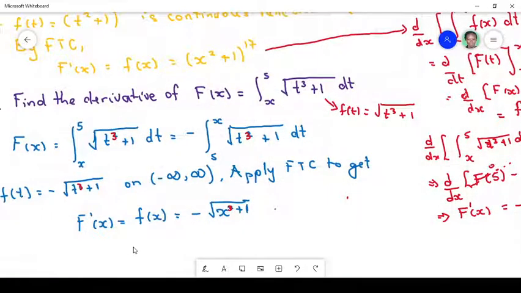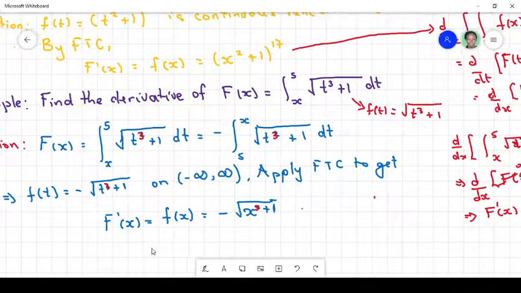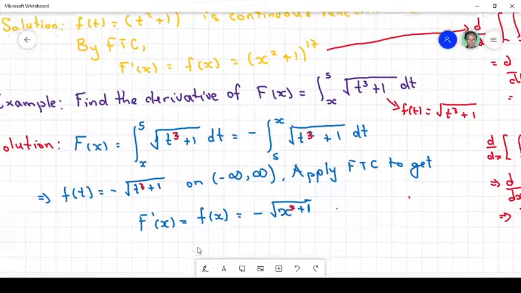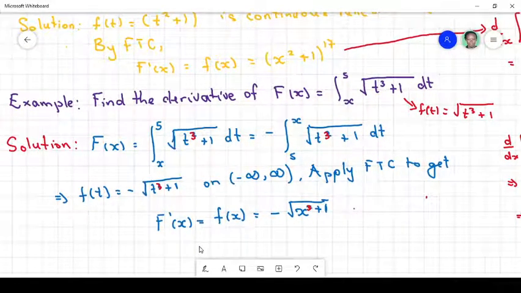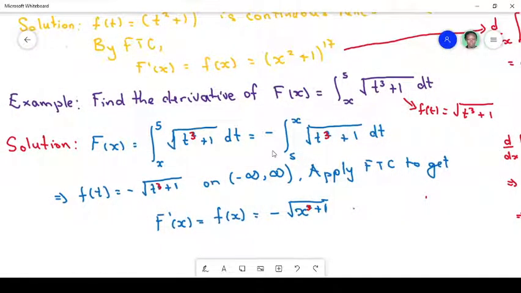You notice our answer is no more f of x, but this time our answer is negative f of x. Why?